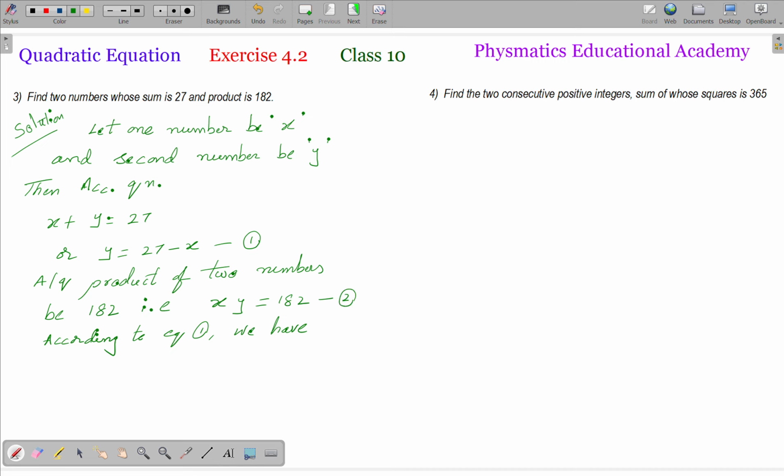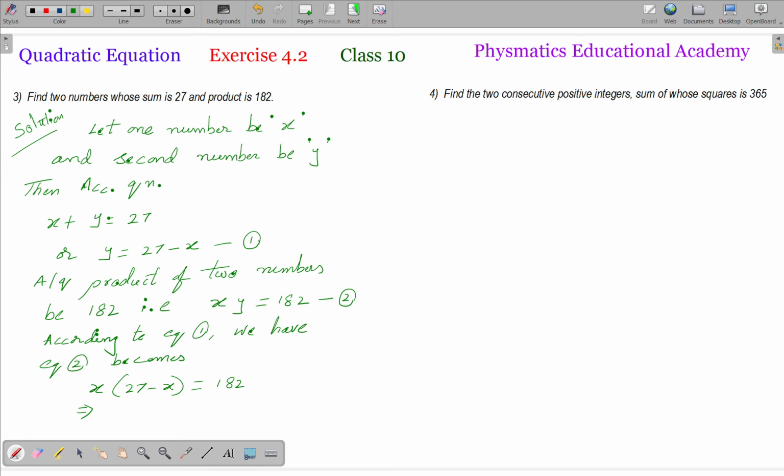in equation 2 becomes x into 27 minus x is equal to 182.